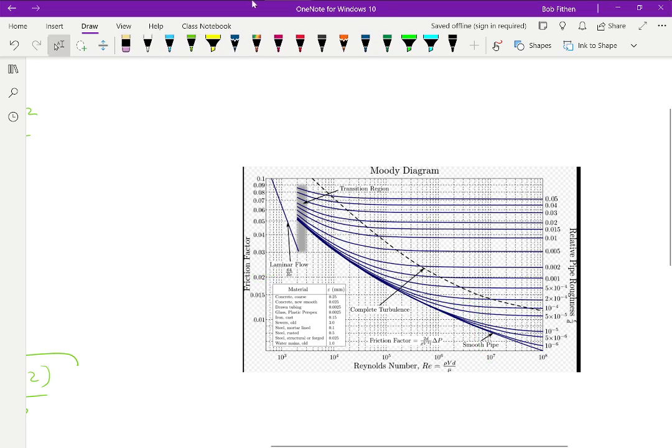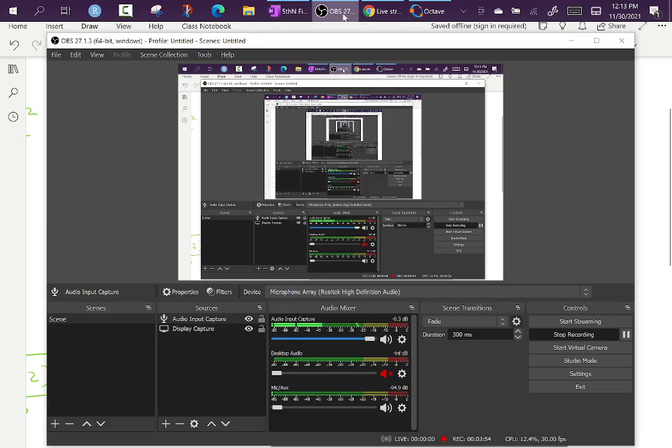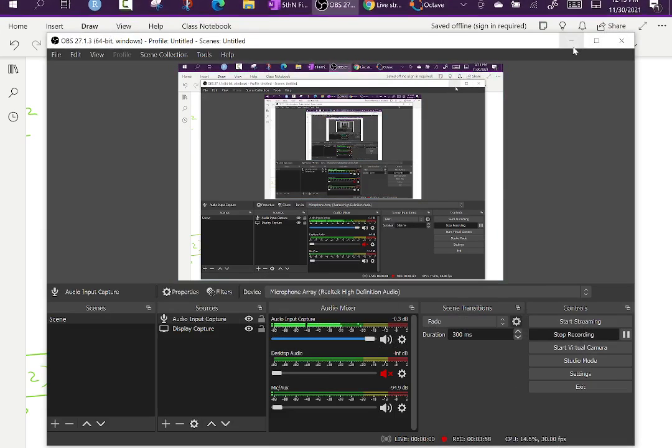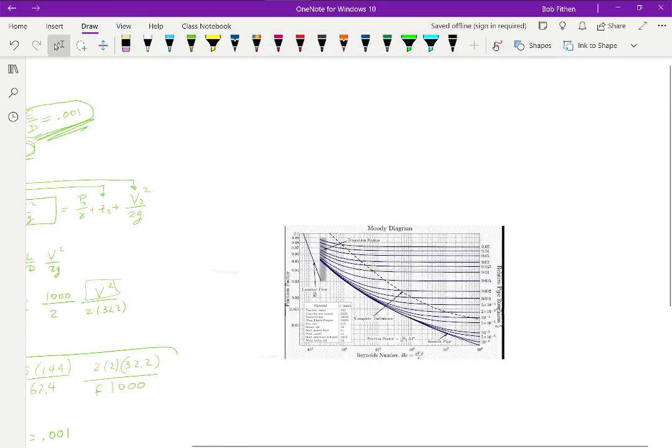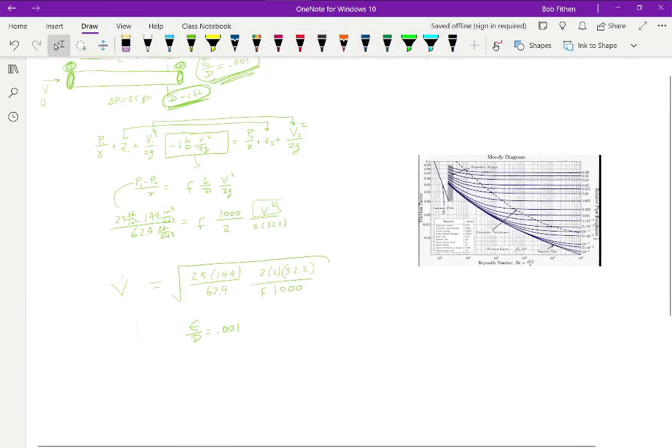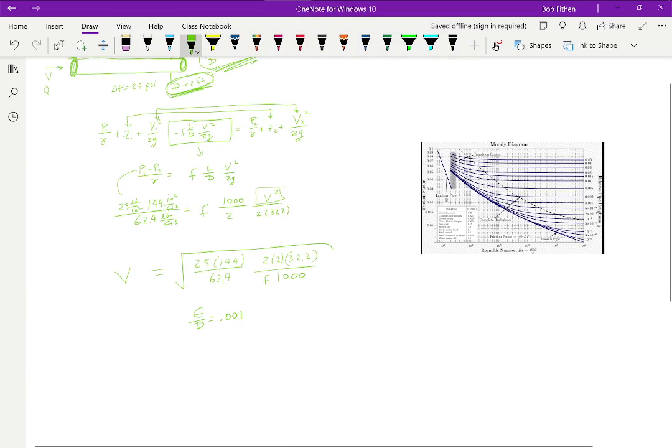And make sure that the recording is still going. It's still going. I'm getting audio out of it. Okay. So what we'll do is we'll start our process. Process 1, F is equal to 0.02 from the diagram.